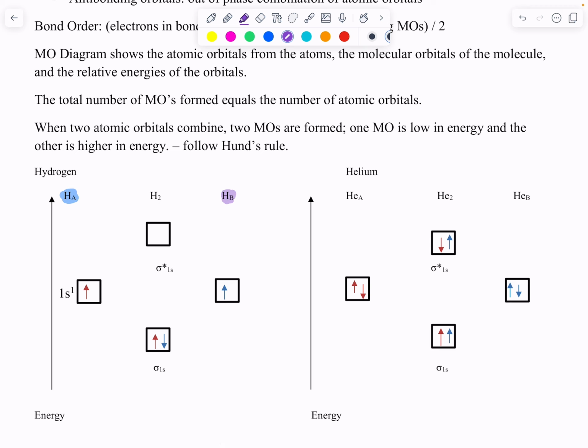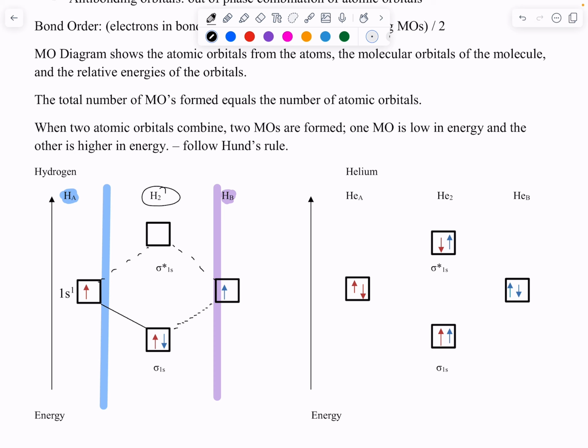So this is for the purple hydrogen, and that's for the blue hydrogen. That's their individual orbitals. They each have a 1s, okay? What they do is they mix. You can see a solid line. Sometimes you see dotted lines. We always drew dotted lines. They mix for the molecule of H2.